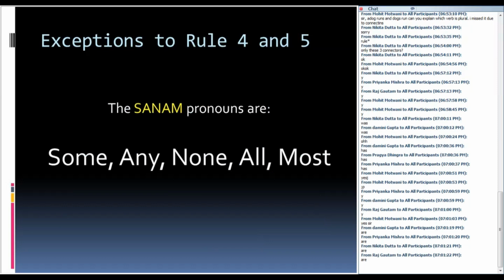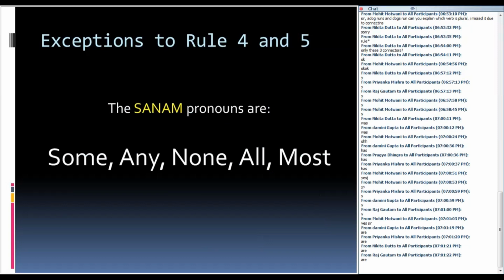Now the question is, how do you know in the sentence whether these pronouns are singular or plural? For the SANAM pronouns, you will have to break rule number 4.